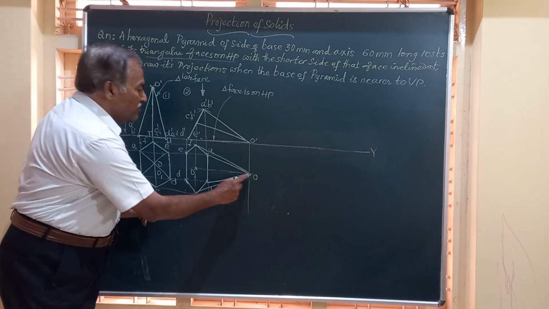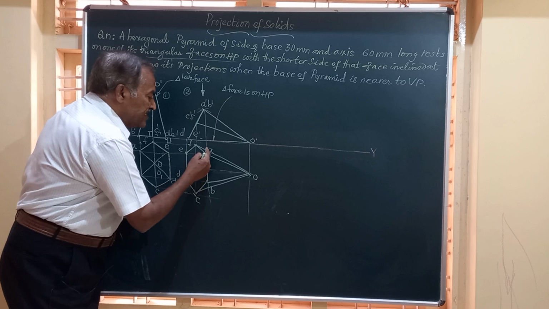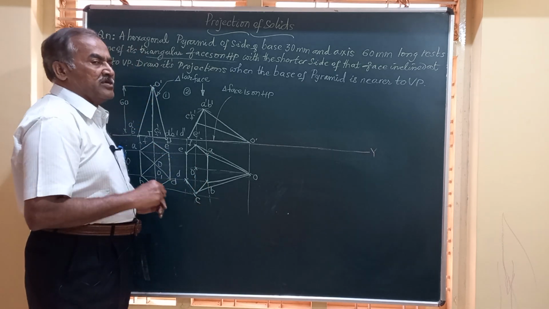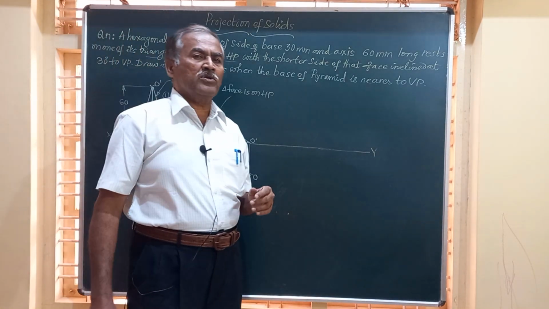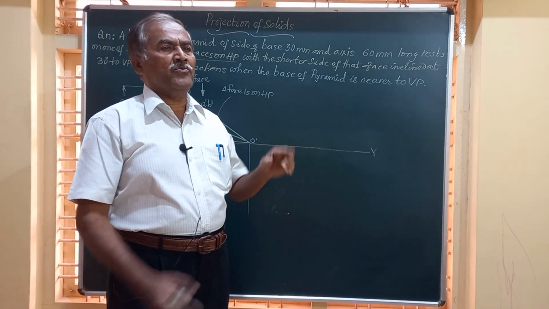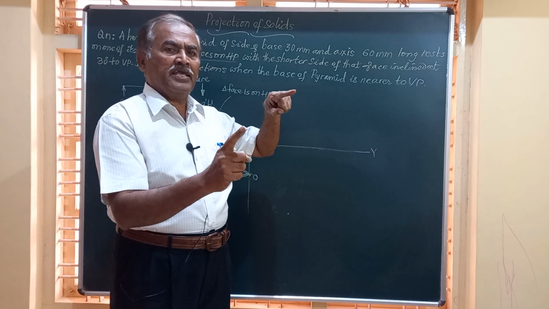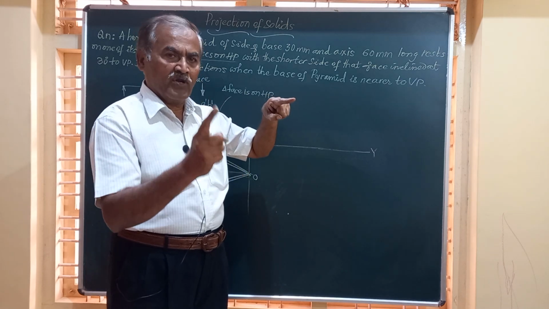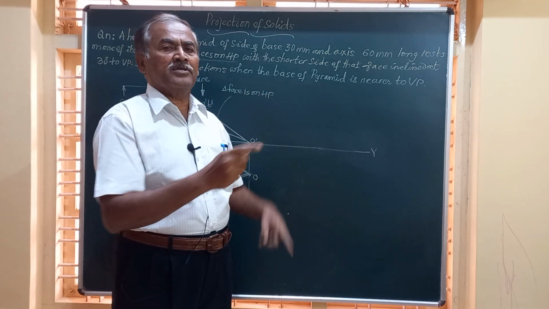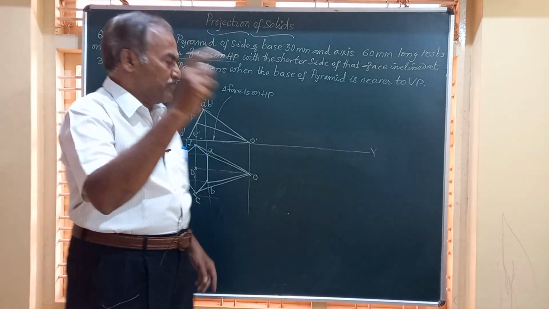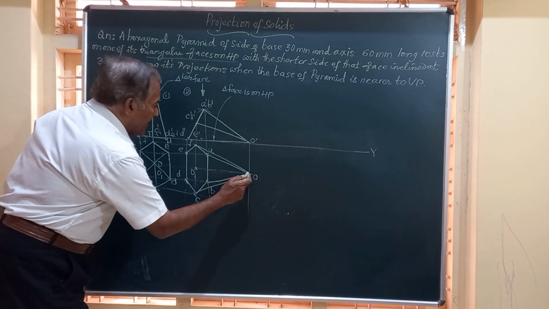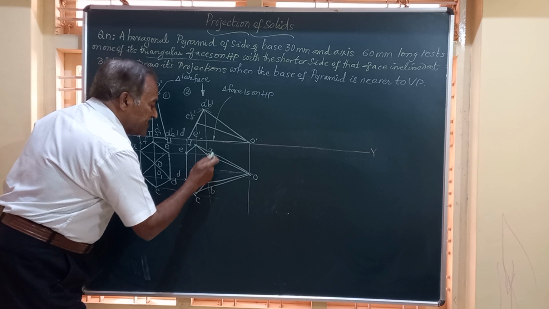Friends, when you are joining O to E, it is intersecting this AB. So in some of my old videos, I have told you whenever two lines intersect, and if one of them is already a visible line, a full line, the other intersecting line should be a dotted line. So based on this concept, when I am joining O to E, it is intersecting AB.